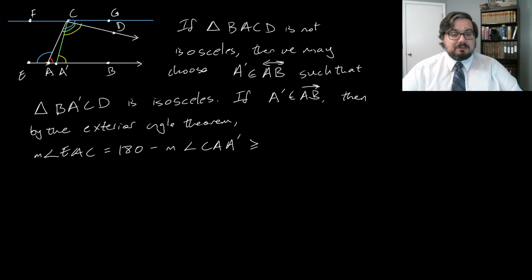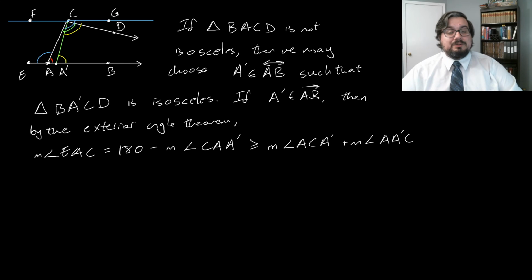So this is going to be greater than or equal to the measure of angle ACA prime plus the measure of angle AA prime C, the other two angles inside the triangle AA prime C.